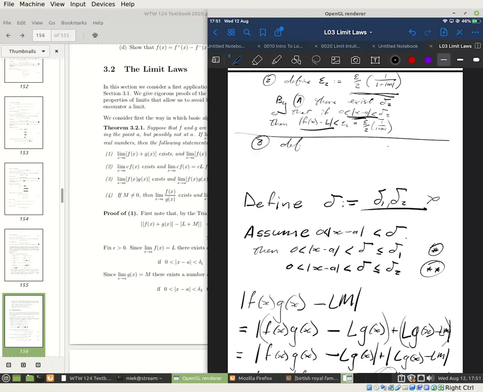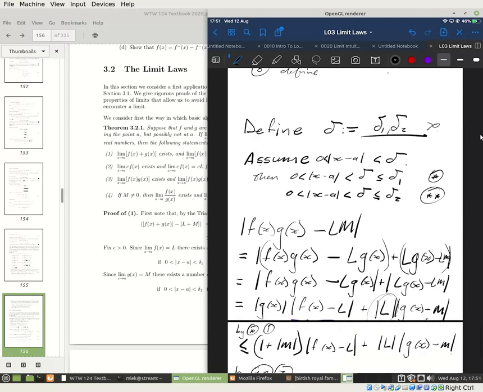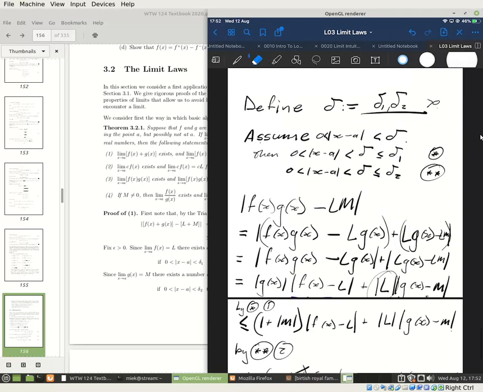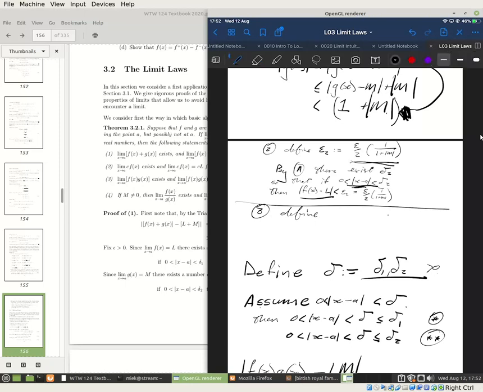Now define, what do we want? We want this whole thing to simplify to epsilon over 2. So this thing we have control over. So let's define epsilon 3 to be epsilon over 2 multiplied with 1 over L.